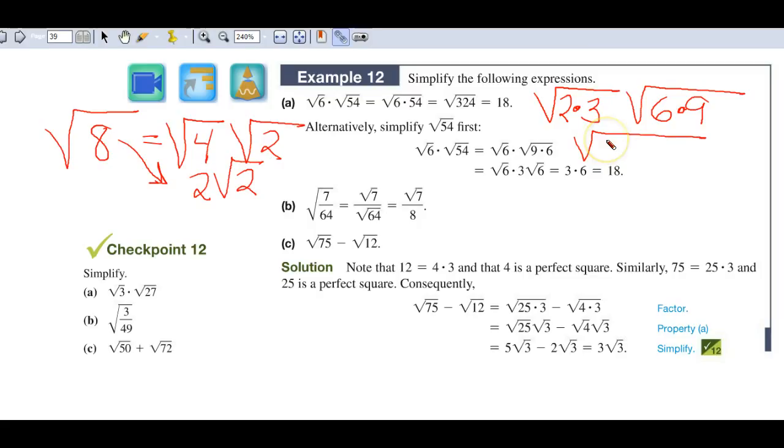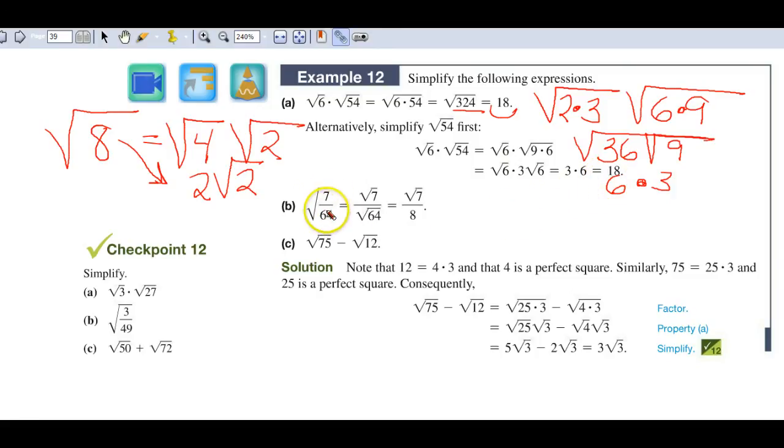That would be 36. 6 times 6 is 36, and that's a perfect square. And 9 is a perfect square. So the square root of 36 is 6, the square root of 9 is 3, and that gives you an 18. So if you multiply your radicands and get one big one, this happens to be a perfect square, and they're showing you that way here too.